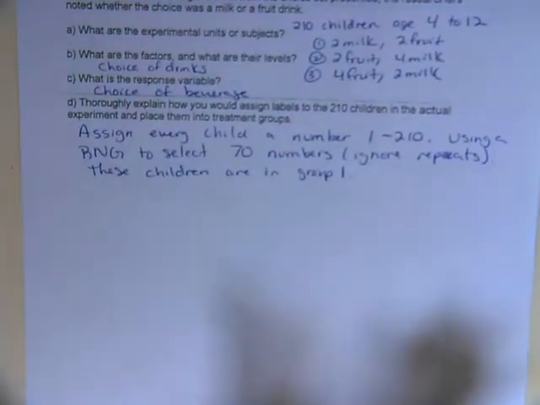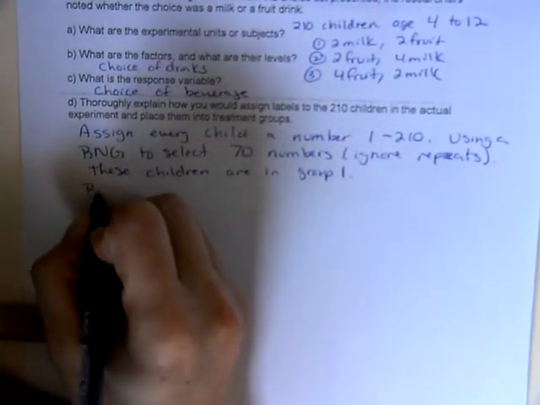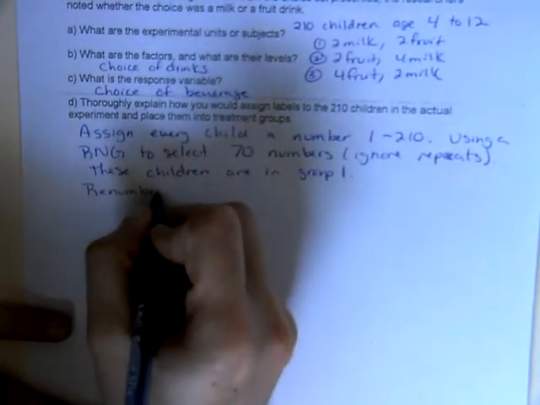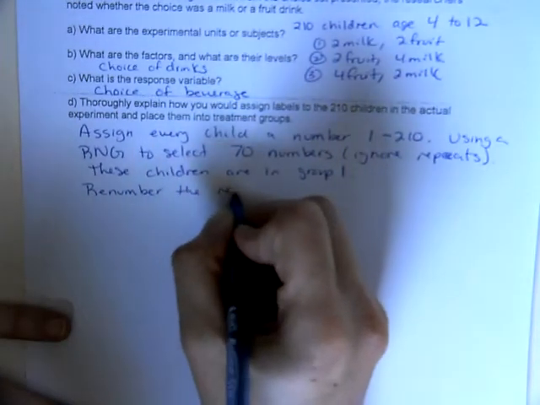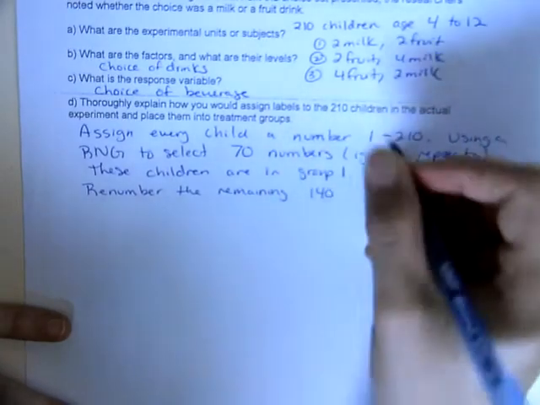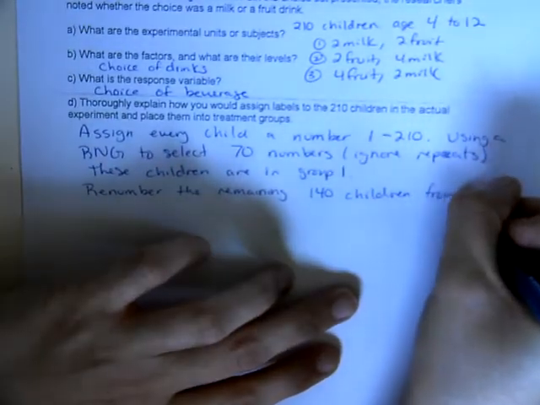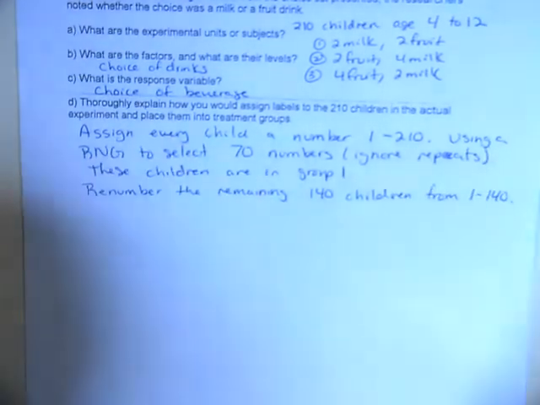Now, to get to group 2, instead of trying to pick another 70 numbers, ignoring repeats and ignoring numbers already given, I'm going to renumber everybody. So I'm going to renumber the remaining 140 children from 1 to 140.